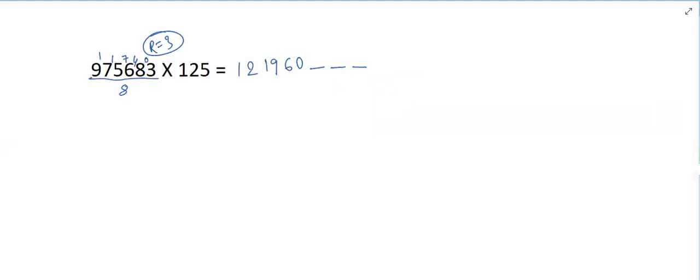Last 3 digits. So what are the last 3 digits? Directly multiply these two. 375. That is the remainder into 125.